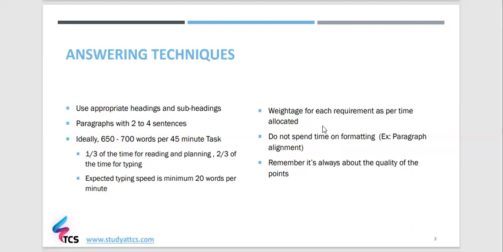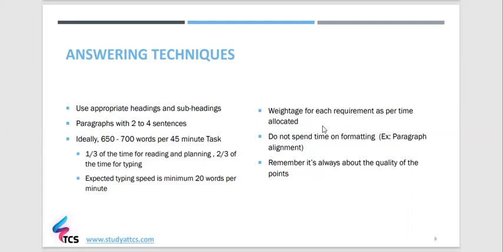Under each subtask a certain percentage or weightage is provided. This weightage gives you an indication about how many marks are allocated for each task and each subtask, and how much time you can spend on each subtask. I'll be highlighting these points later on. You'd realize what I'm talking about when I take you through the suggested answer.